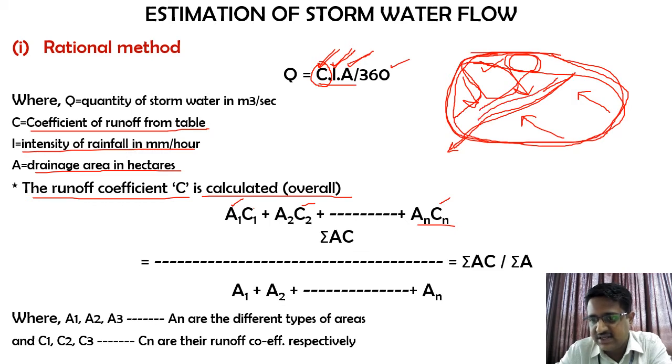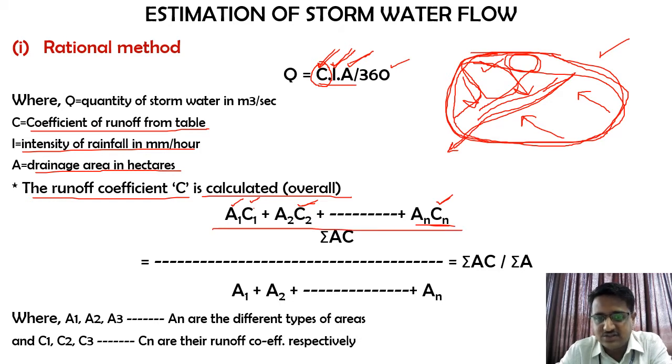There will be different kinds of surfaces in a catchment area, so based on the type of surface, as I told, there will be different C. This CN AN indicates these n types of areas available there. That will be in the numerator.